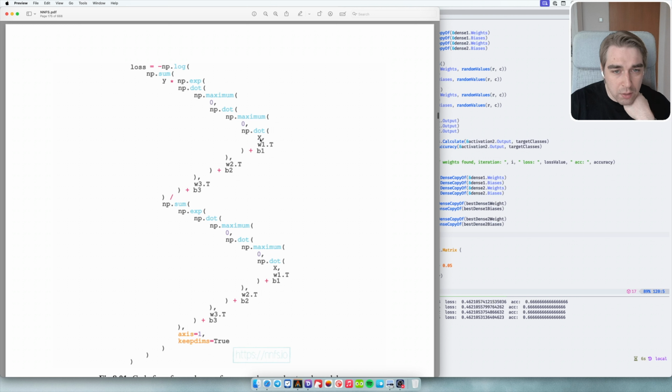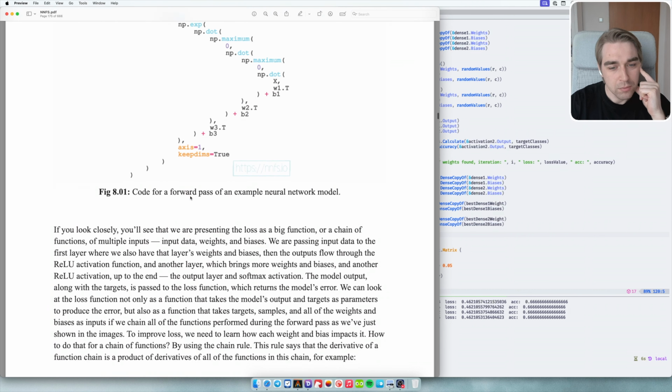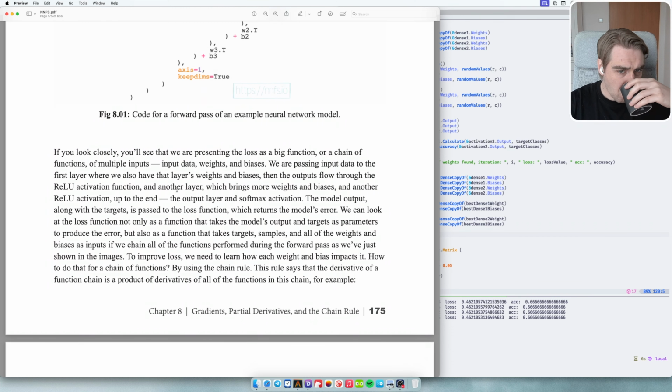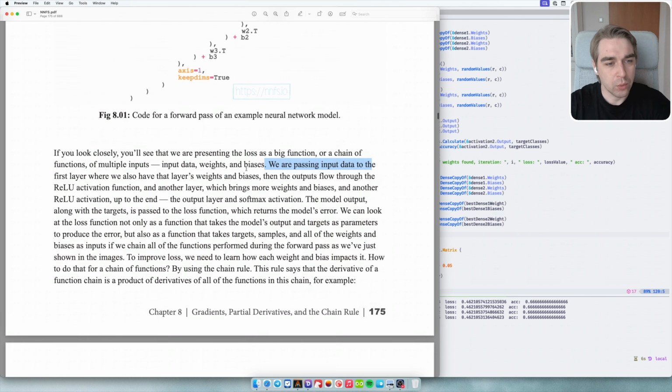At some point, we have the input, the first layer's weights, and first biases. Then it's like a matryoshka: the input is inside, and you go more and more outward. Now we pass the input data to the first layer, where we also have the layer's weights and biases.